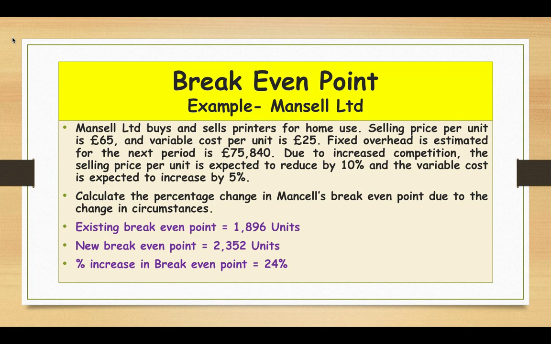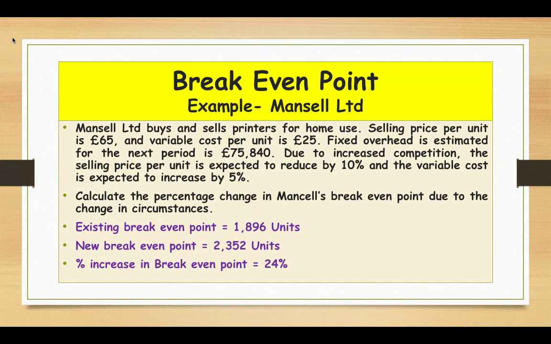Fixed overhead estimated for the next period is £75,840. Due to the increased competition, the selling price per unit is expected to reduce by 10% and the variable cost is expected to increase by 5%. Calculate the percentage change in Mancell's break-even point due to the change in circumstances.